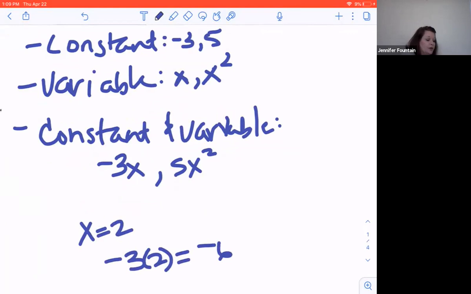So when a variable and a coefficient, the number in front of it, are together, I understand that this is multiplication. Okay.